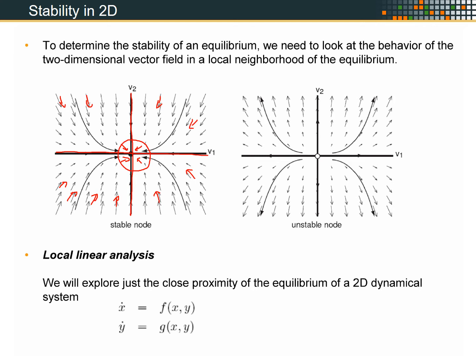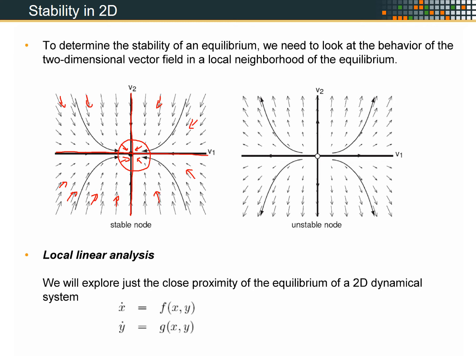So instead of looking at the different quadrants at all places, it's sufficient to look only at the very near vicinity of the point. We call this, therefore, local linear analysis. That means we're looking only locally at the very near vicinity of the point. The reason that we call this linear analysis will be apparent in a second.